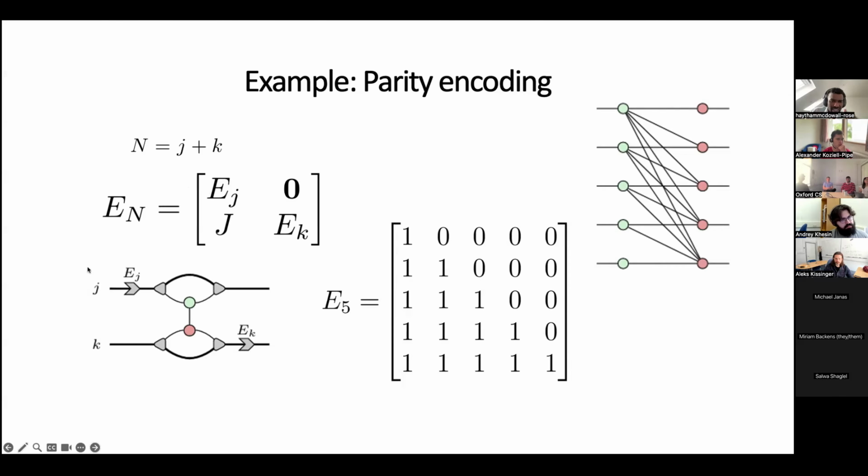So you can see this scalable ZX diagram. What we've done here is taken this expression, which is a recurrence relation in matrices, and we've translated it to a recurrence relation of scalable ZX diagrams.